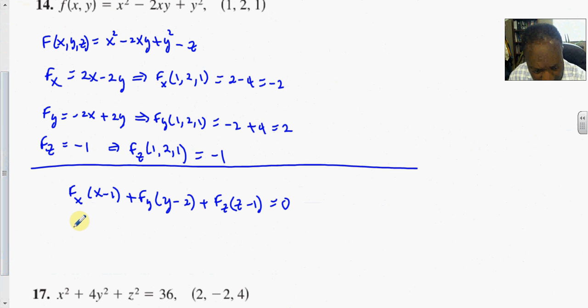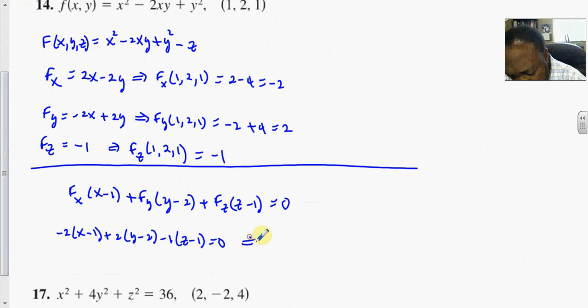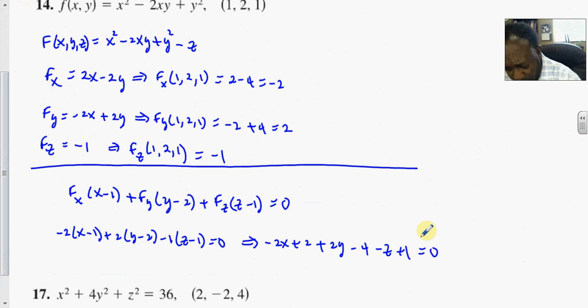And so that gives us negative 2 times x minus 1 plus 2 times y minus 2 minus 1 times z minus 1 equal to 0. Now we simplify that. So that gives us negative 2x plus 2 plus 2y minus 4 minus z plus 1 equal to 0.